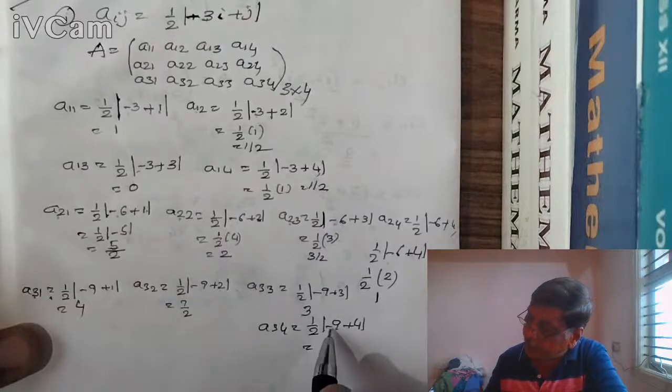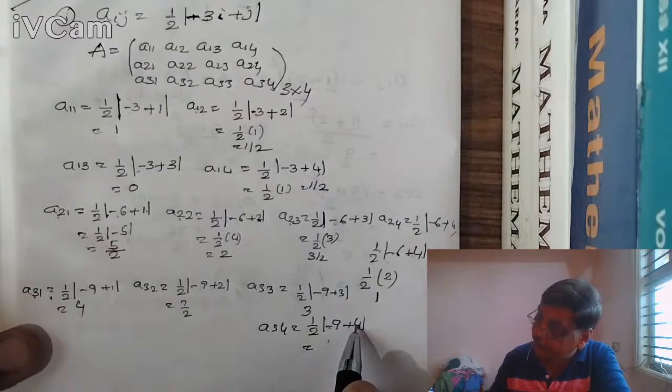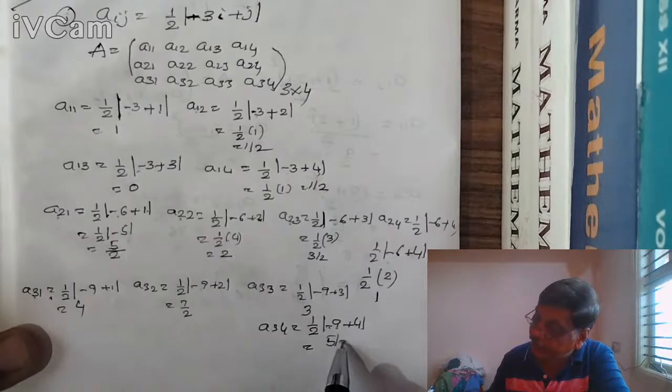That is equal to minus 9 plus 4 is minus 5. So it becomes plus 5, 5 by 2.